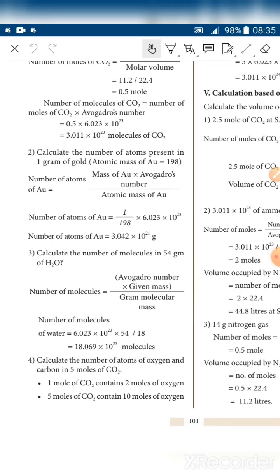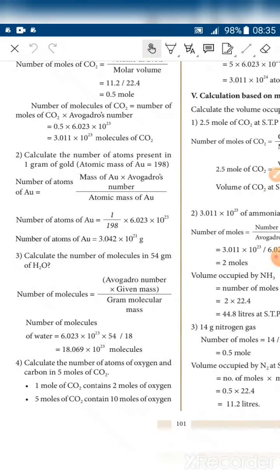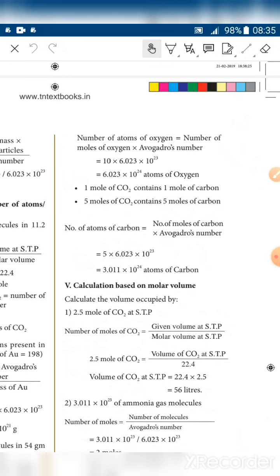Then calculate the number of atoms of oxygen and carbon in 5 moles of carbon dioxide. Normally, 1 mole of carbon dioxide contains 2 moles of oxygen. Say CO2, see, 2 oxygen is there. So 5 moles of carbon dioxide contain 5 into 2, 10 moles of oxygen.